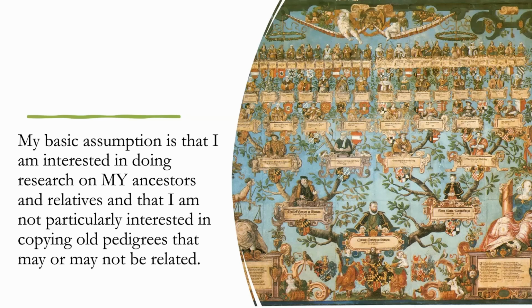And if there is some relationship that can be shown, and there's adequate research that could be done and records that could be found, then I'm fine. I don't care. But on the other hand, I'm not into copying old pedigrees because my family tradition, or somebody else, has copied something back that connects you with a long line that goes back in Europe or someplace else in the world.